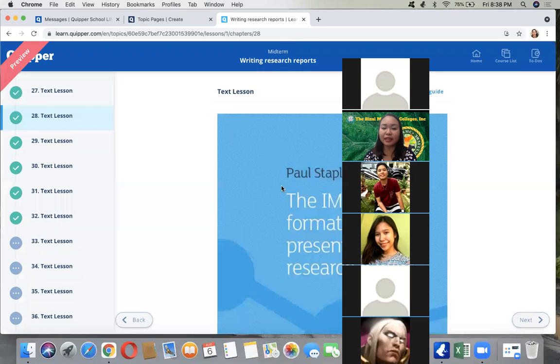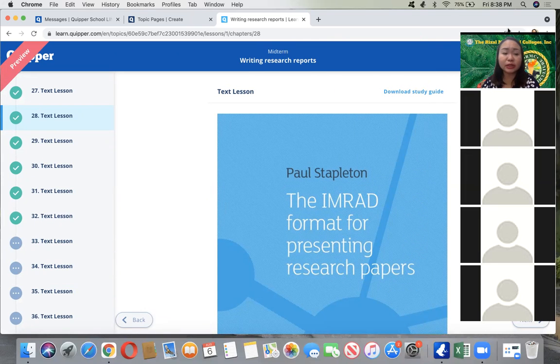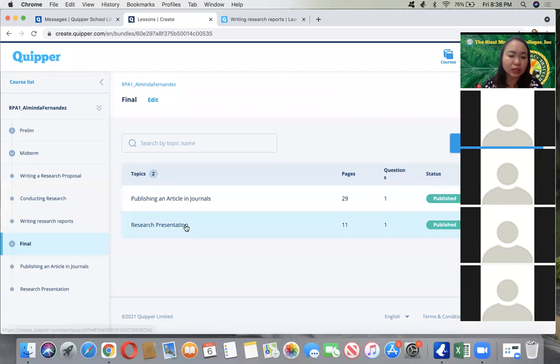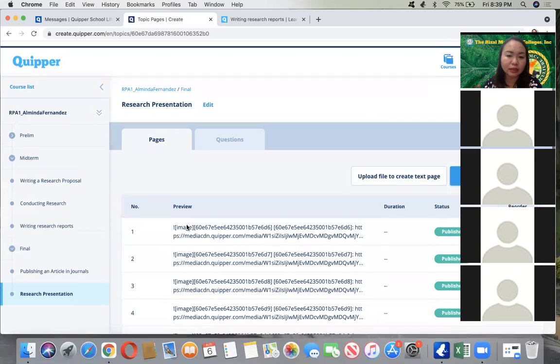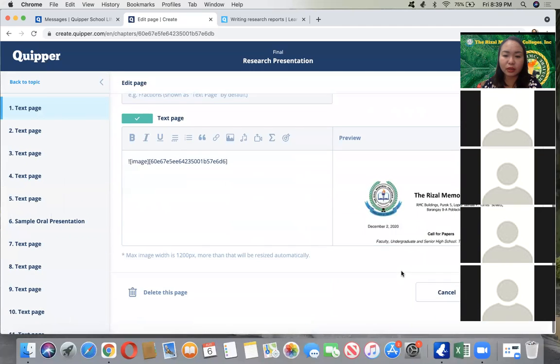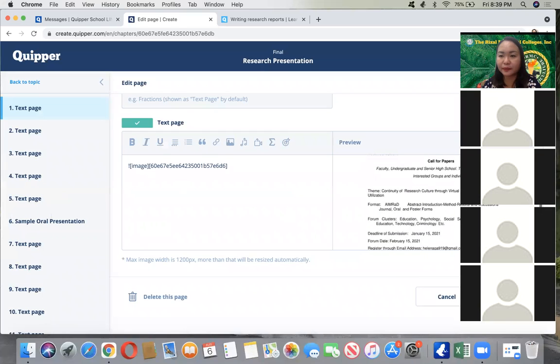So IMRAD is actually the format that our school or the RMC research director is using, no? And in fact, if you have seen doon sa ating topics sa finals, nandito yung publishing or research presentation. Pero in this one, nakalagay actually yung call for papers.